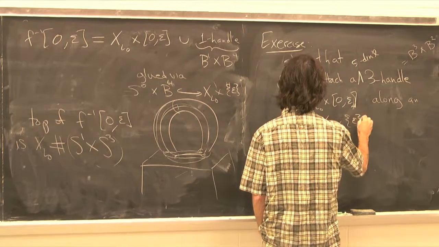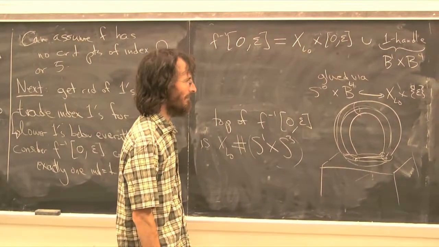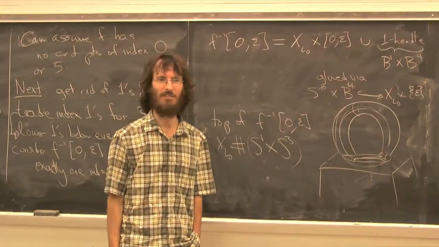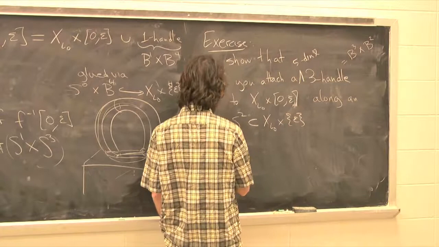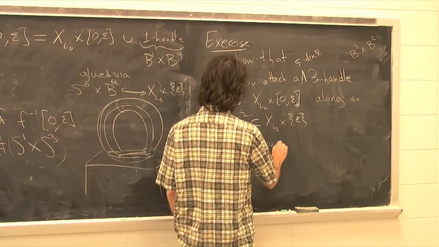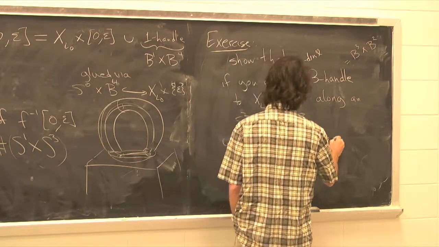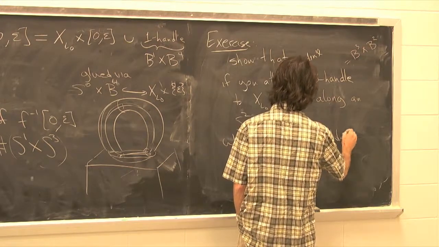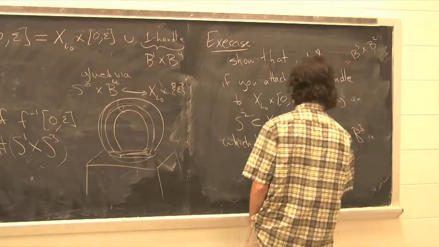Now in this case, there are lots of different spheres you could possibly choose; 4 manifolds in general have all kinds of interesting and complicated spheres in them, but I want one which bounds an embedded 3-dimensional ball in XL0 cross epsilon.